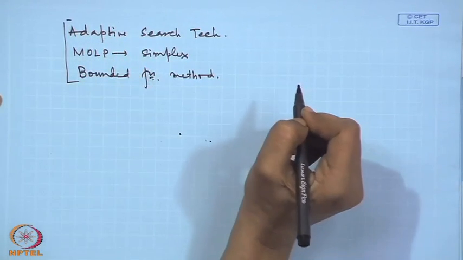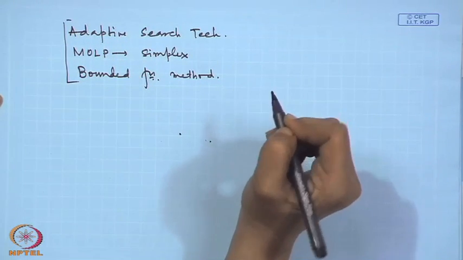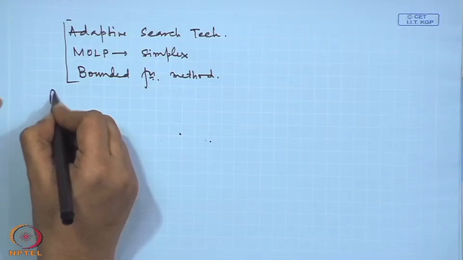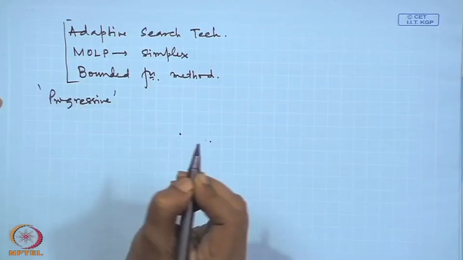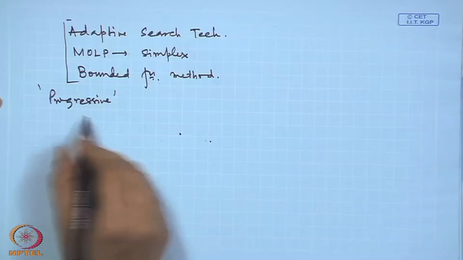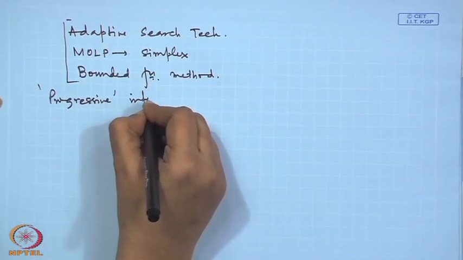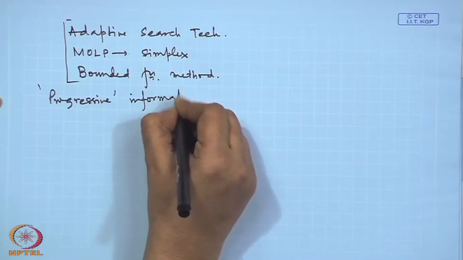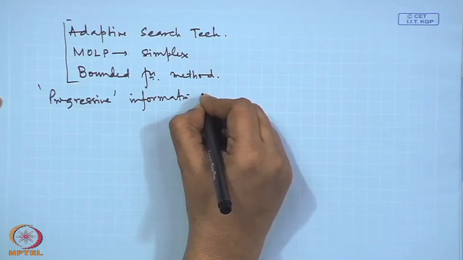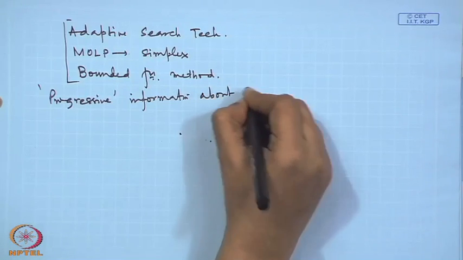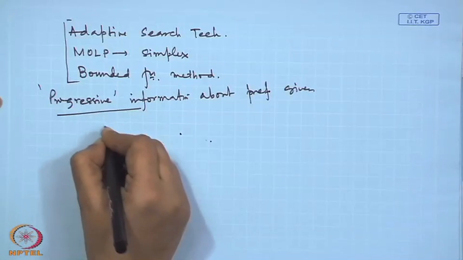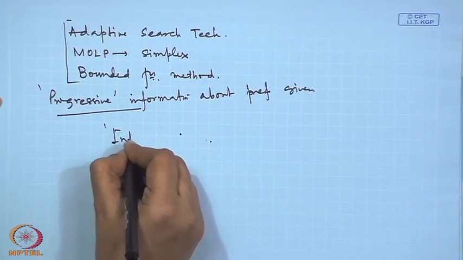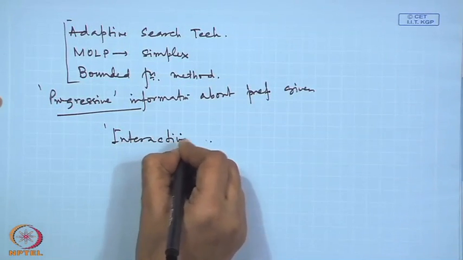But all these methods come in the category of 1, 2 and 3. For the progressive case, if we want to implement this technique, where progressive information about the preference structure of the decision maker is given, the most popular method is the interactive method.